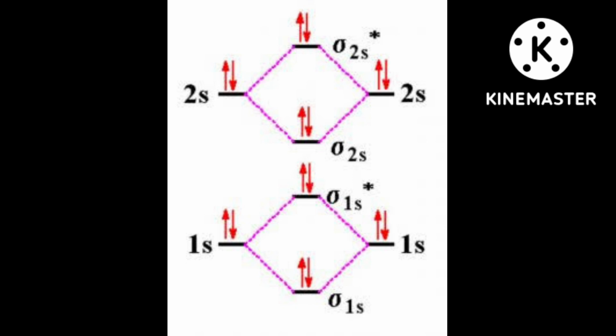Anti-bonding 1s is less than sigma 2s, and sigma 2s is less than anti-sigma 2s, and anti-sigma 2s is less than sigma 2pz. Sigma 2pz is less than pi 2px and pi 2py, which are equal in energy.